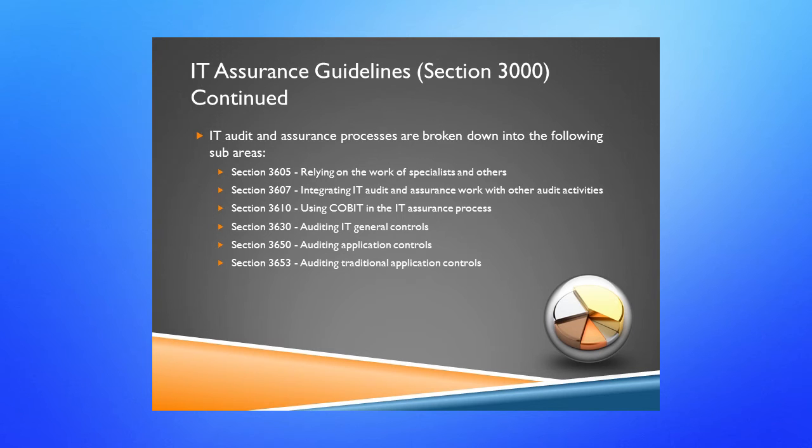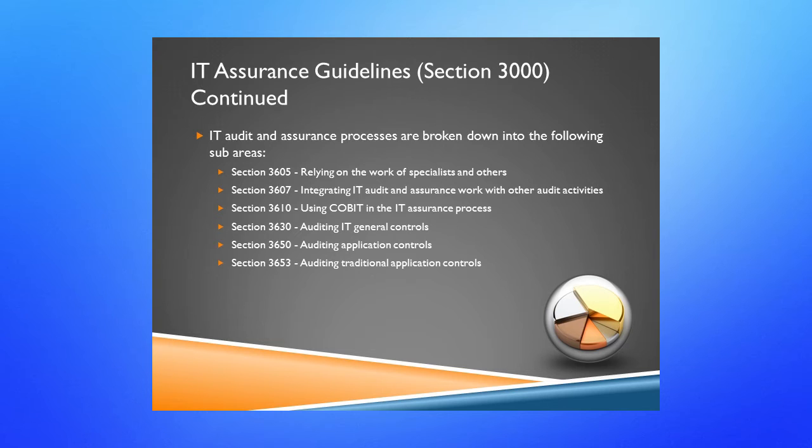3607 was integrating IT audit and assurance work with other audit activities. Now just think about it. Your work in the IT audit might be in maybe a small process of an overall financial audit. And obviously the things that we do with the financials of a company are probably more than likely somehow associated with IT, the communications, the storage of information.